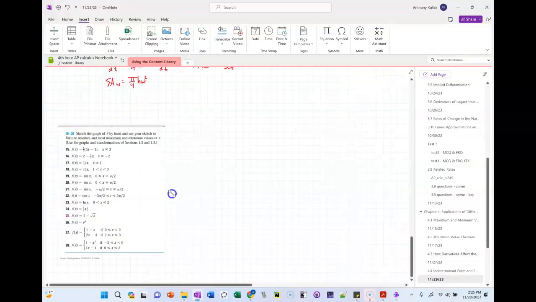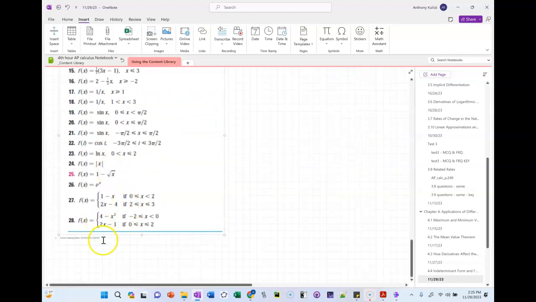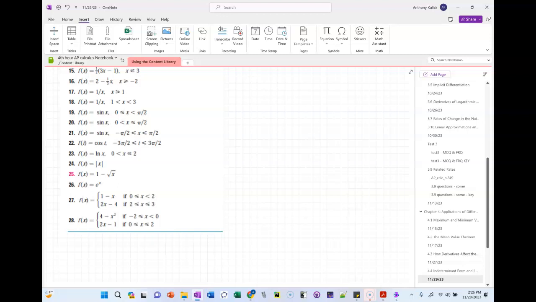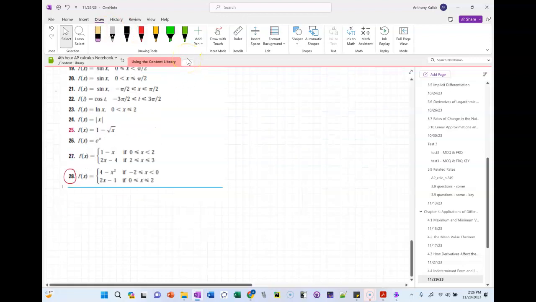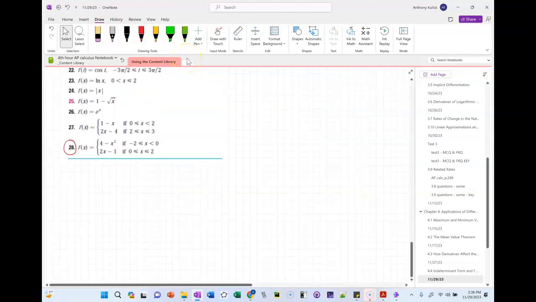I'm going to use 28 here as an example. Let's say we want to do stuff with 28. How would I show that 28 is continuous over its domain?